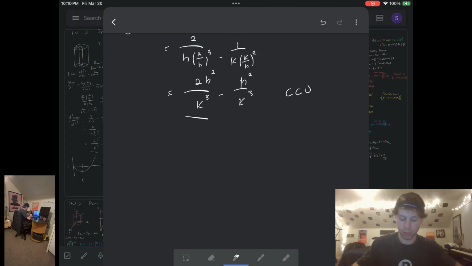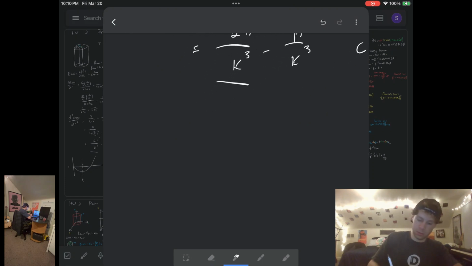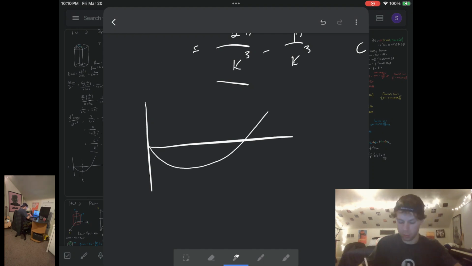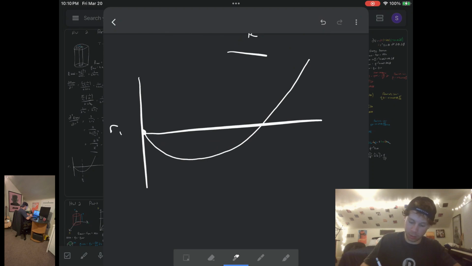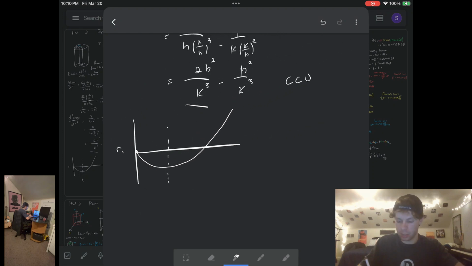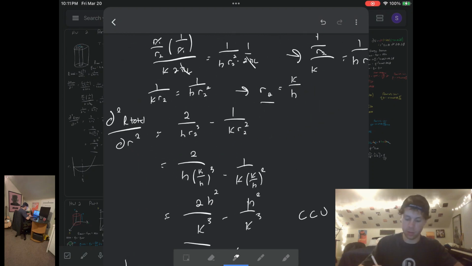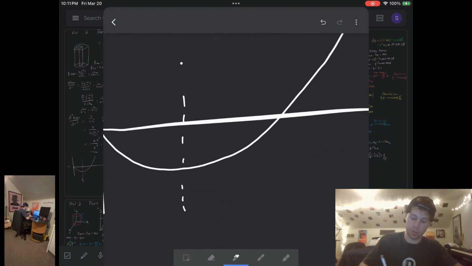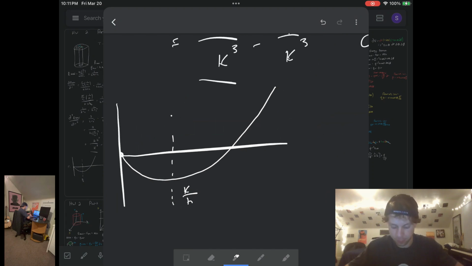So what this will look like graphically will be something like this, where our origin will be our radius without any insulation at all, and our minimum value here will be this R2 value, our thermal conductivity over our coefficient of convection.